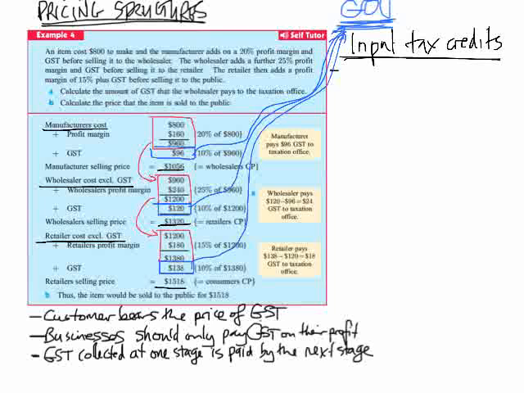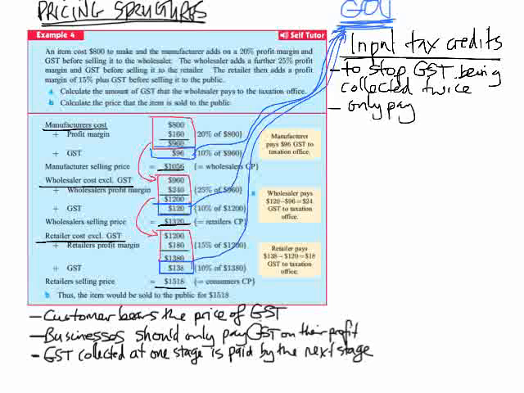So it ensures that GST isn't paid twice, and also ensures that businesses only pay GST on what the business did, or their profit margin. Okay, so we can have a look at that.